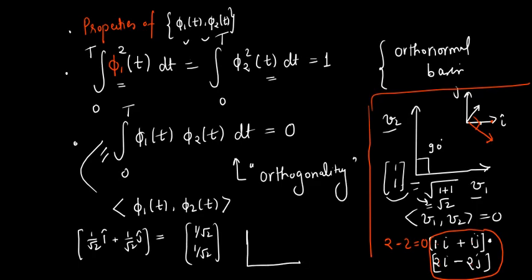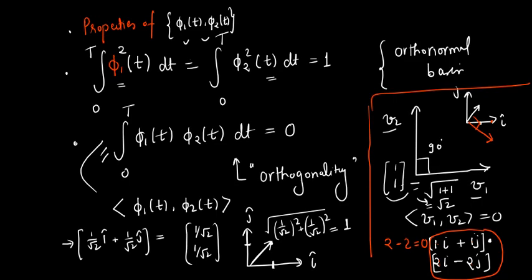If you draw this vector in 2D, 1 by root 2 here, 1 by root 2 here, what is the length? Under root of 1 by root 2 square plus 1 by root 2 square, which is half plus half, 1. So you can say that this vector is unit norm.